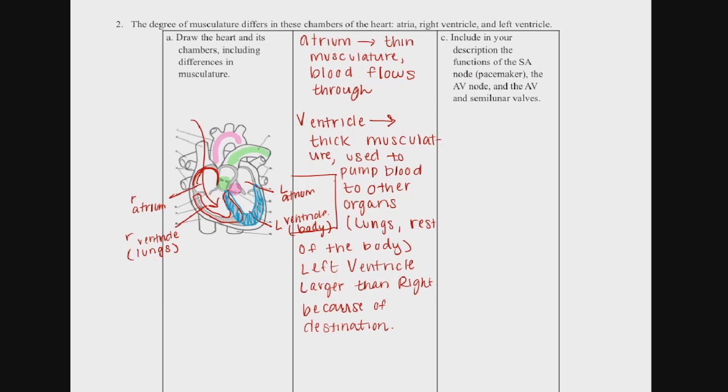So now that we have the nodes in place that we're talking about, the SA node, also known as a pacemaker, triggers the atria to contract.